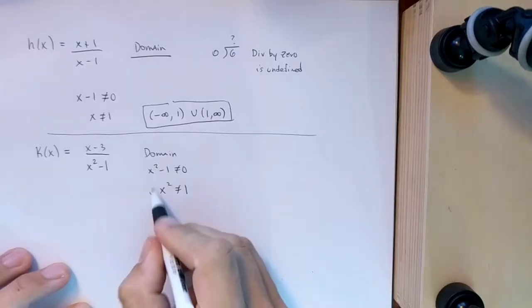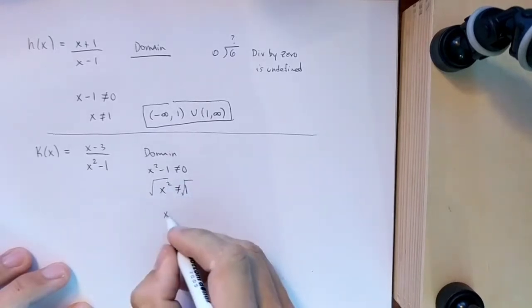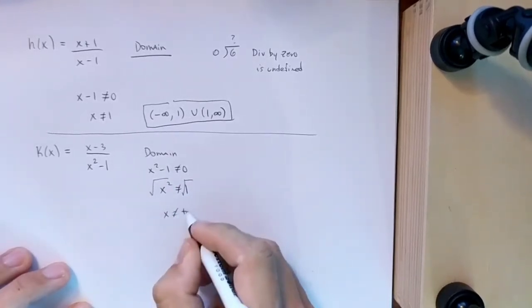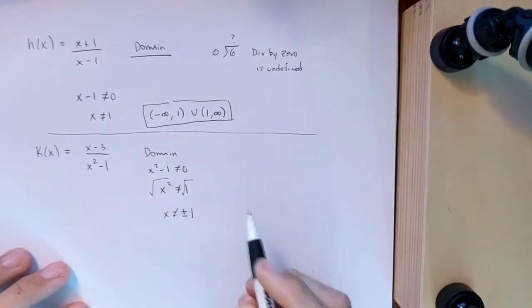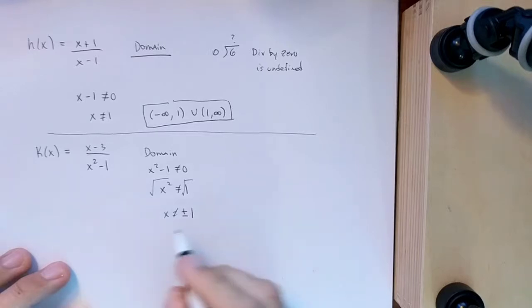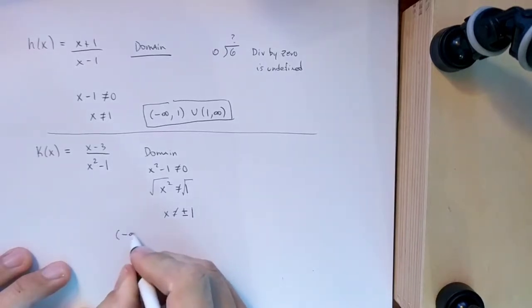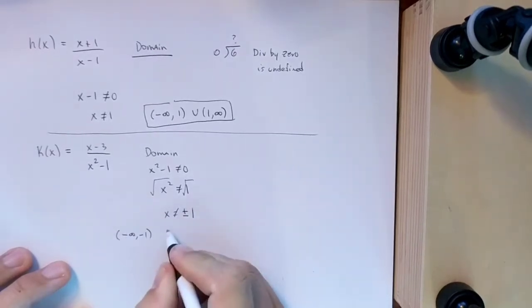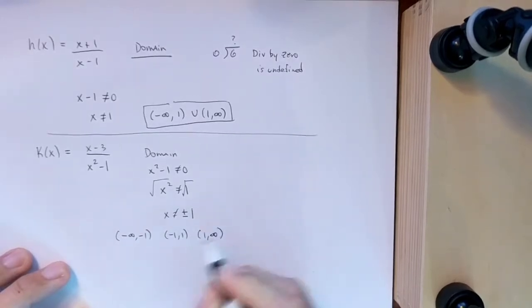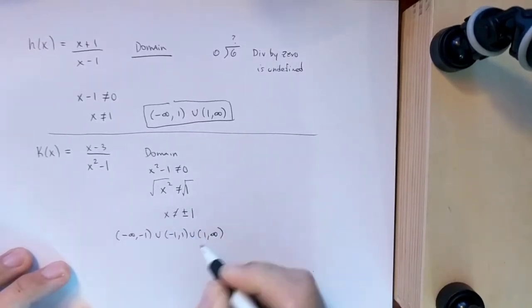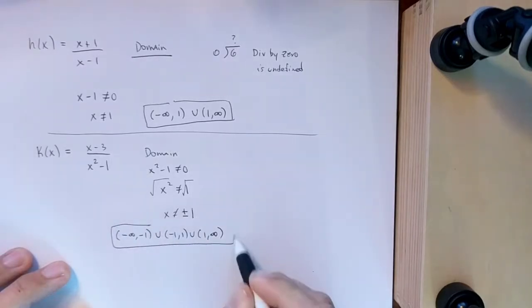And remember, when you take the square root in an equation, you should have plus or minus. Some of you missed that in previous homeworks. Okay, so how would we write the domain for this? We'd have to exclude both negative 1 and positive 1. And you'd union all three of these intervals together.